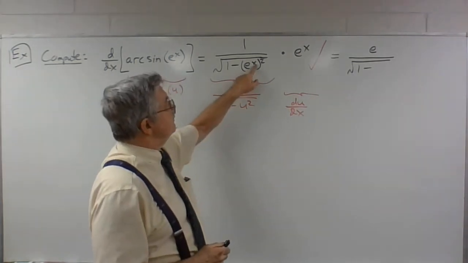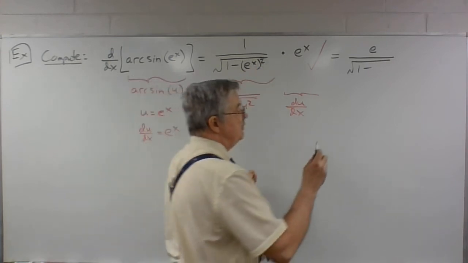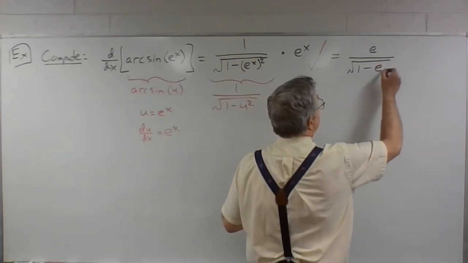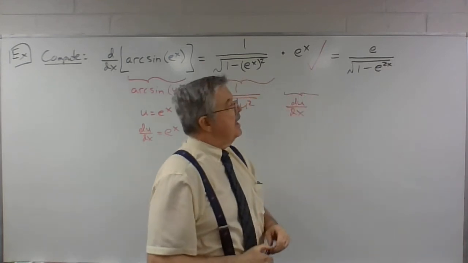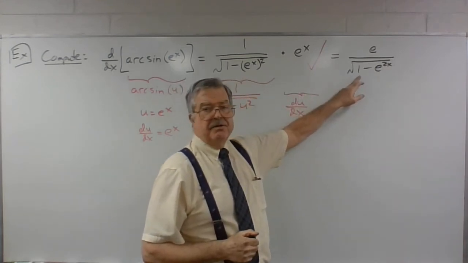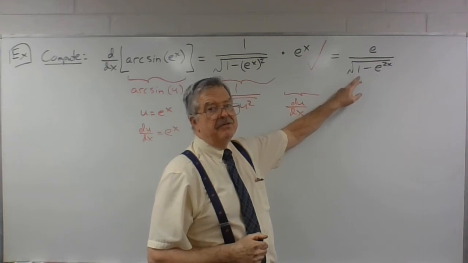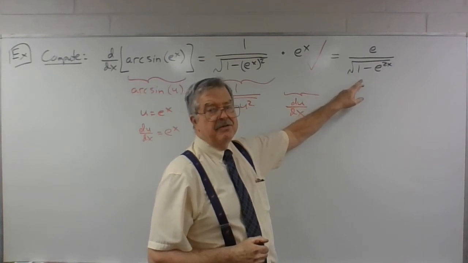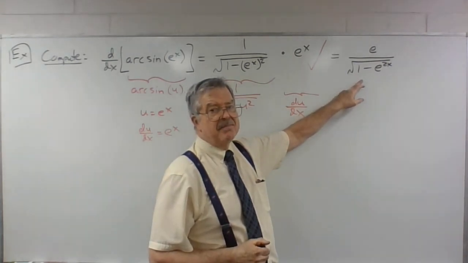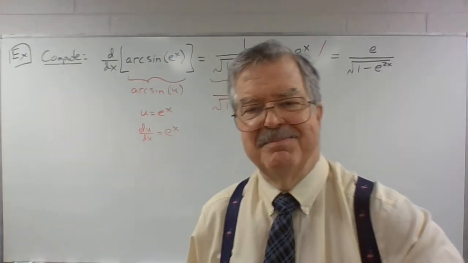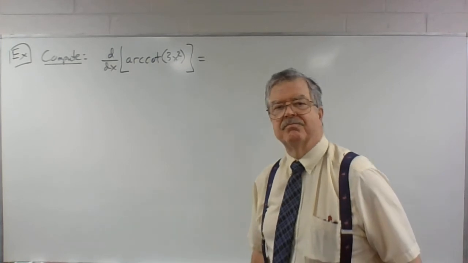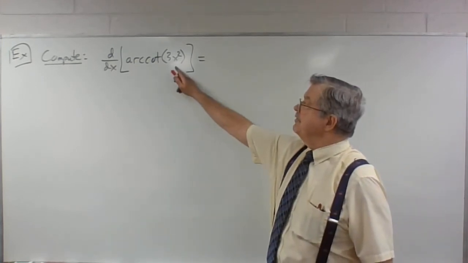So e to the x squared is going to be e to the 2x. And almost certainly in the back of the book, this is the form of the answer that they'll have. Let's do another one. Next example.